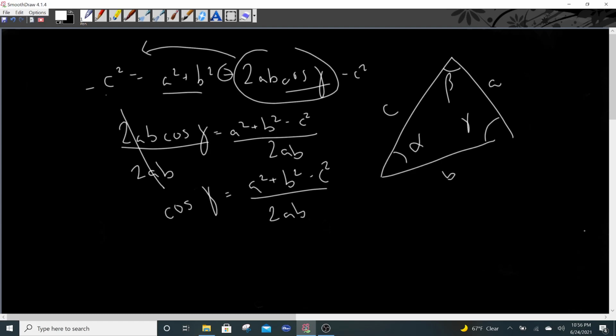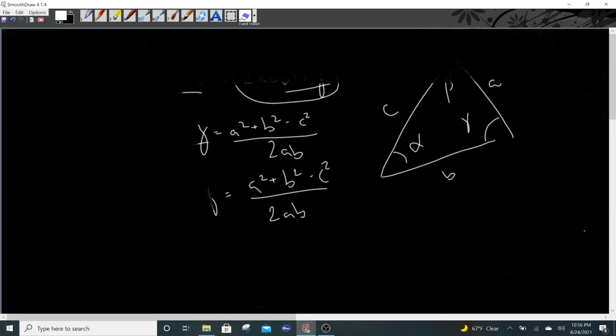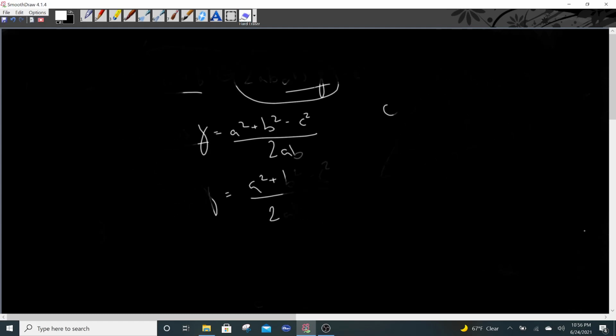And using another trig identity, we can find the sine of gamma. And the sine is usually showing the altitude of some triangle.